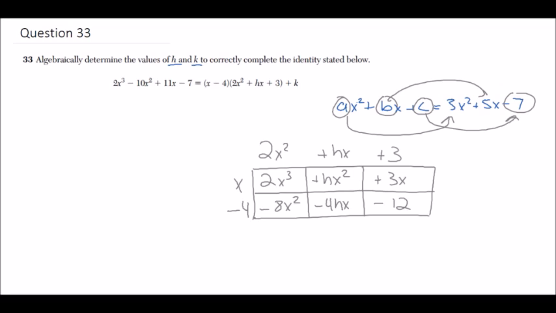So we can now say that 2x cubed minus 10x squared plus 11x minus 7 is 2x cubed minus 8x squared plus hx squared, and we could put it in either order, minus 4hx plus 3x minus 12 plus k.